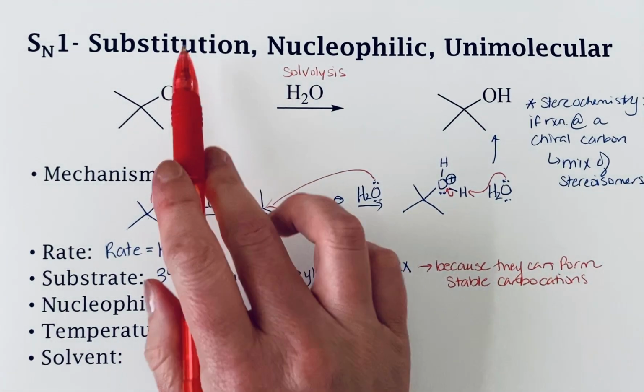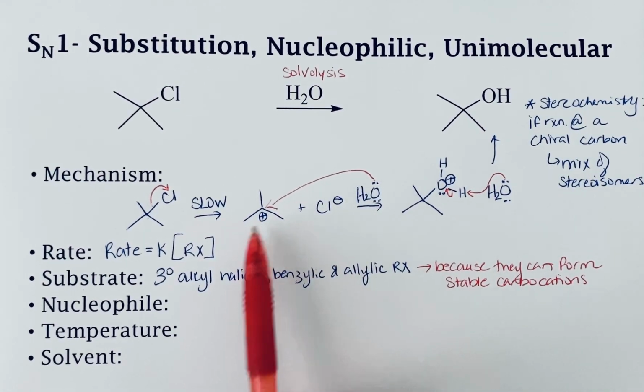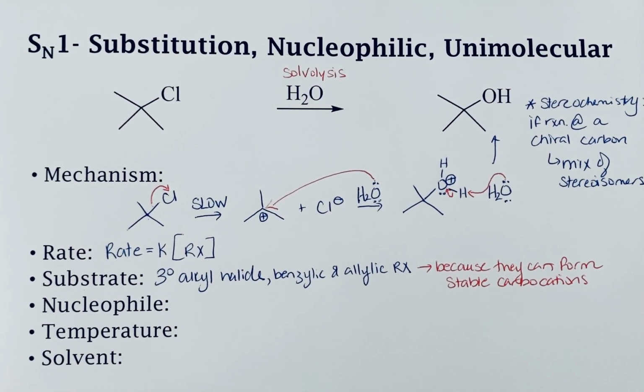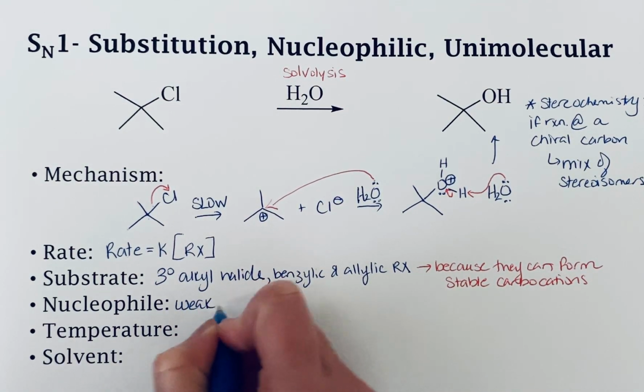The nucleophile for an SN1 reaction, although it is not involved in the rate determining step, to avoid a competing elimination reaction, would have to be a very weak base, weak nucleophile.